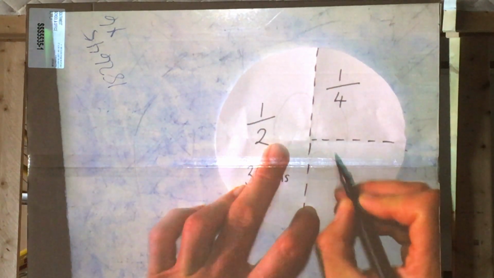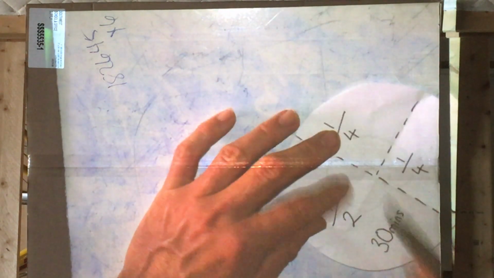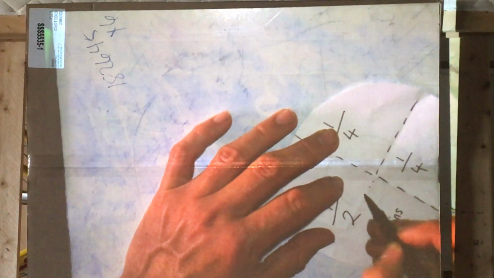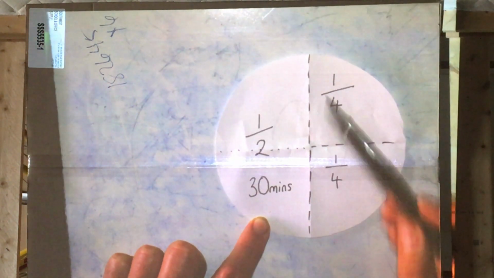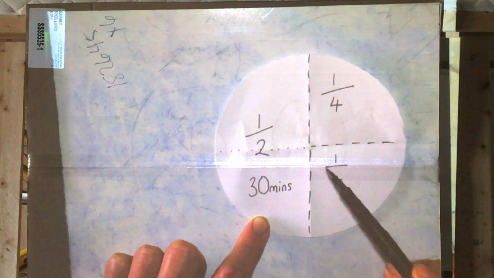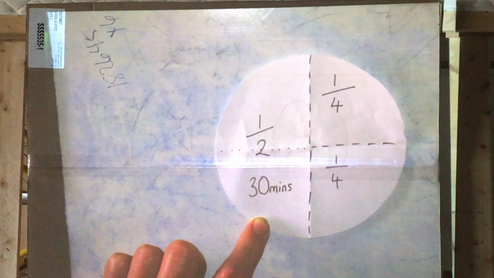So this is a quarter, this is a quarter, and if we did another dotted line here, I'll just do it in dots just so you see the difference. That's the half. These are 1 quarter, 2 quarters, 3 quarters, and then 4 quarters.